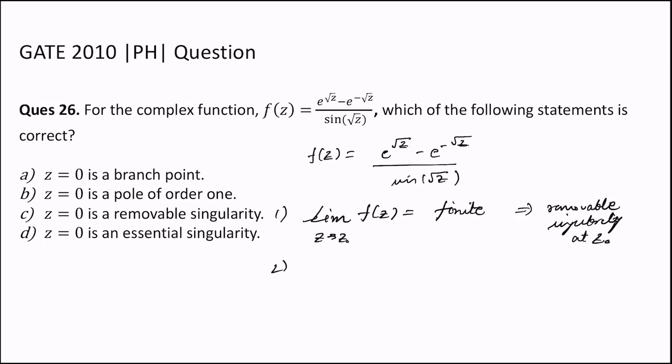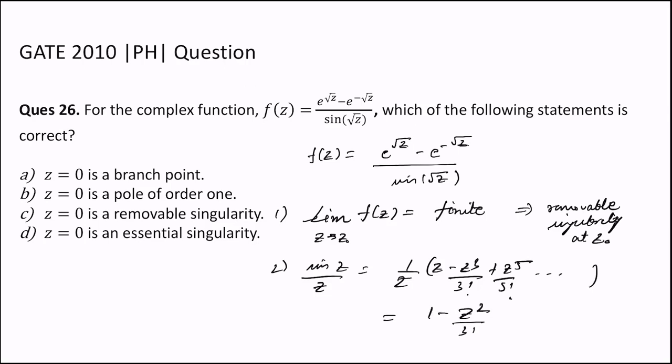Similarly, there is another way. You just do the Laurent expansion of the function, and for example if it takes sine z by z, if you do the Laurent expansion, you just expand it. So what you will get is a series, and there will be no negative power of z in this series.